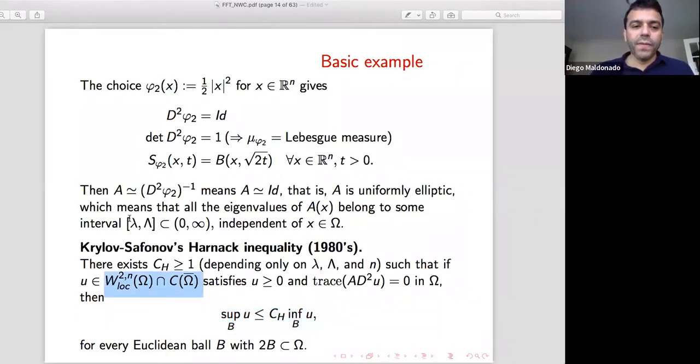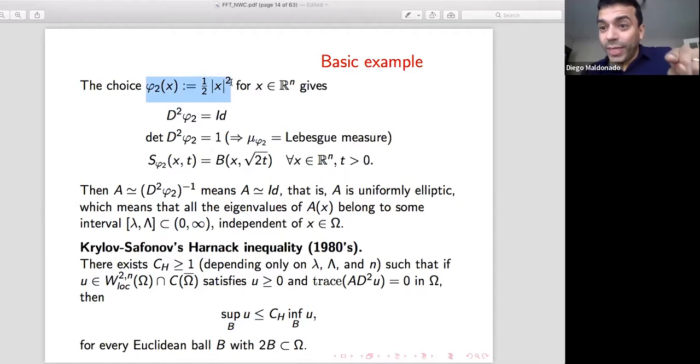Right. So the question is, all right, what other convex functions can I put in there so that we can get a similar Harnack inequality? Of course, the geometry for that new Harnack inequality we're looking for is not going to be the Euclidean balls anymore.